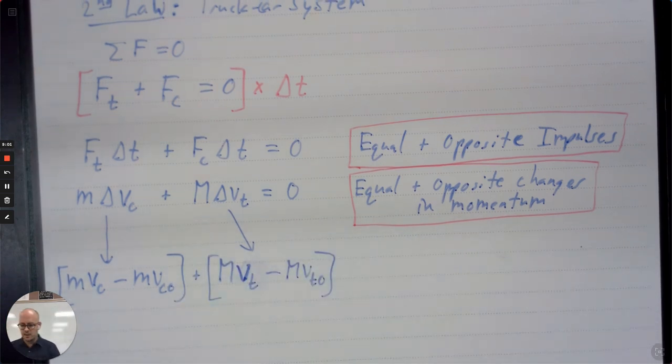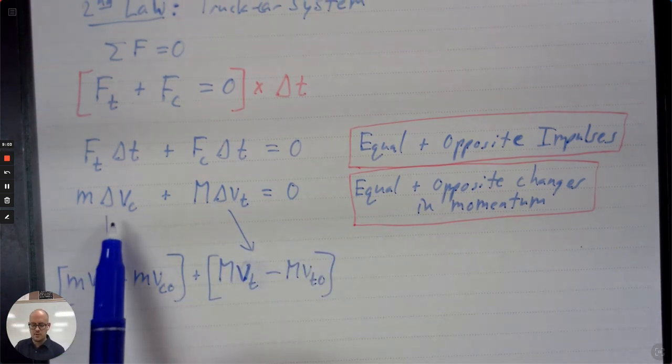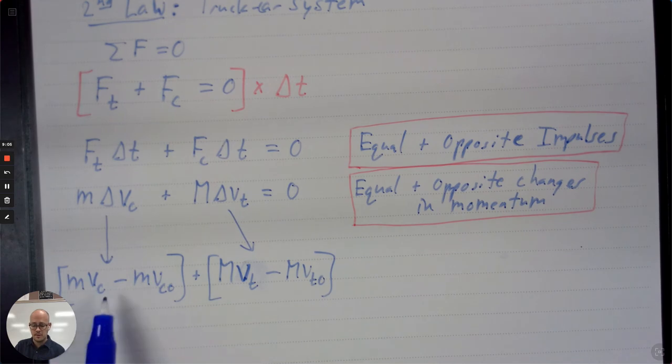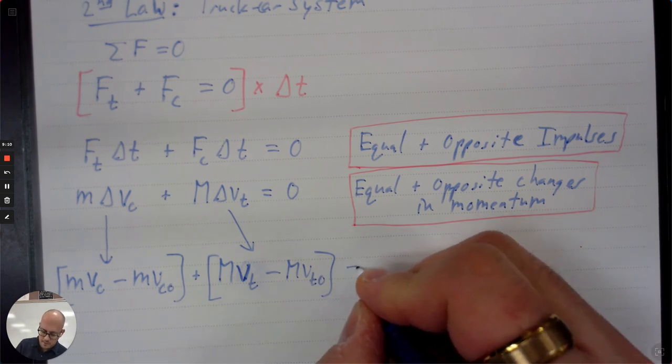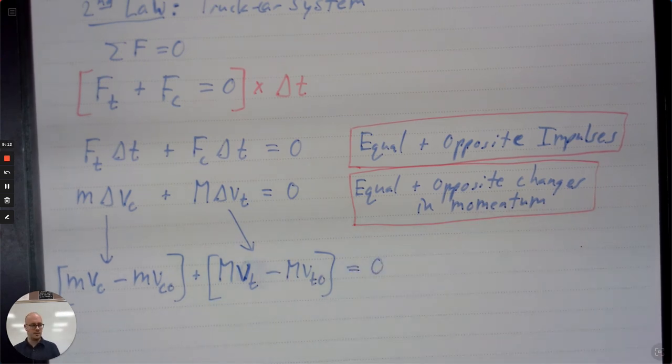So again, change in momentum is mass times change in velocity, so mass times final velocity minus mass times initial velocity, and I do that for both objects. And again, this also has to add up to 0.